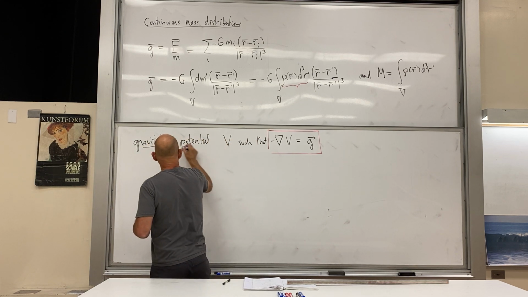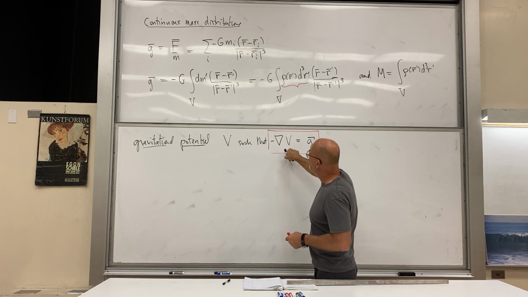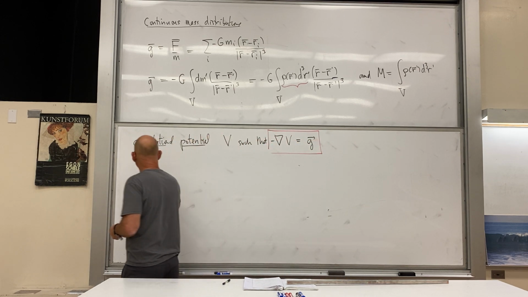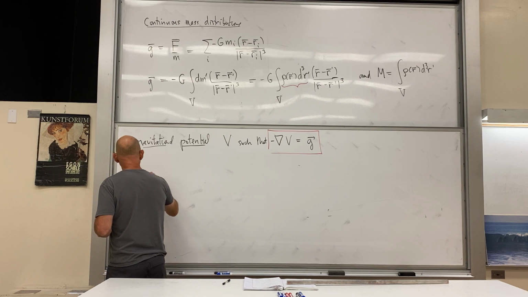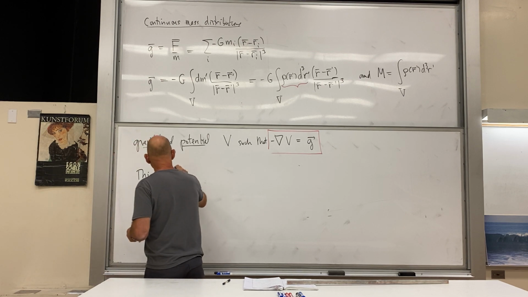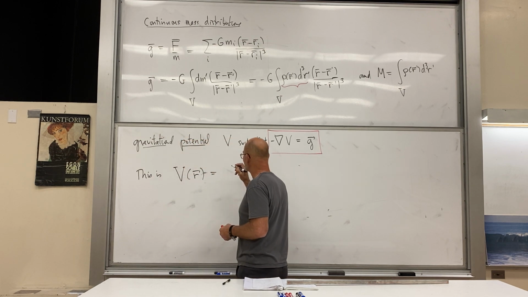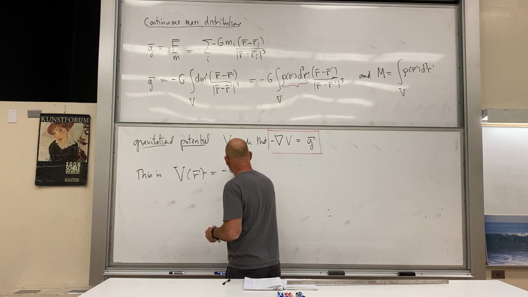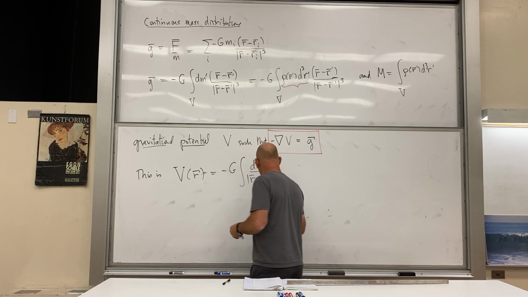Good. Now this is already staring us in the face because we know that, in fact, I'm just gonna define it. V of R is equal to minus G integral dm over R minus R prime to the first power.